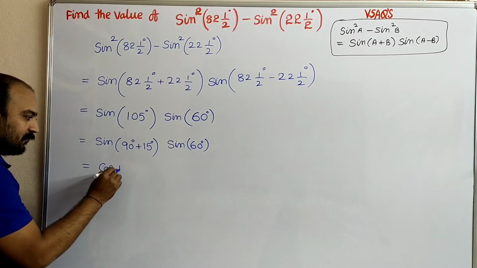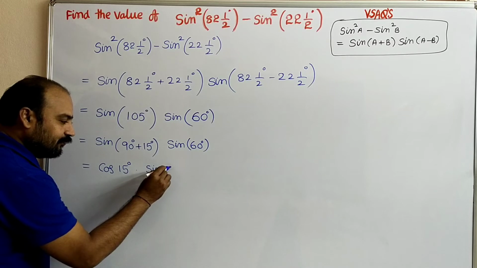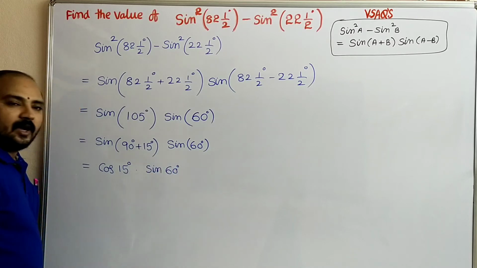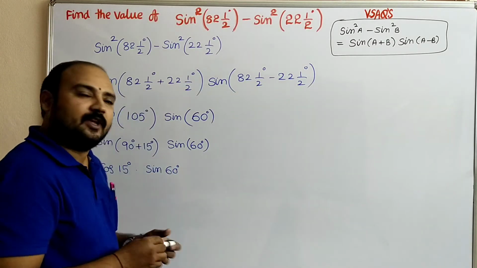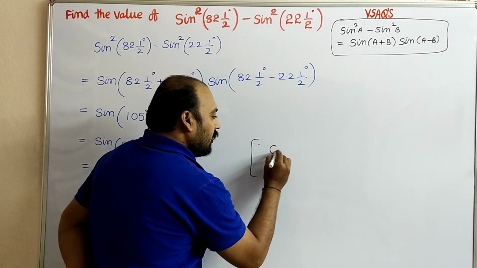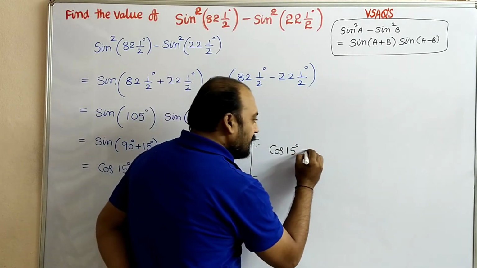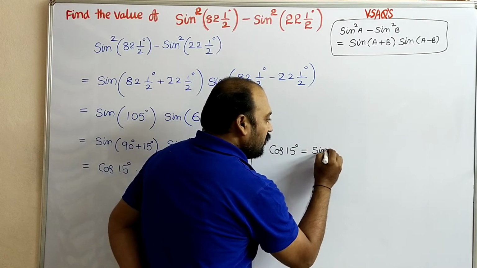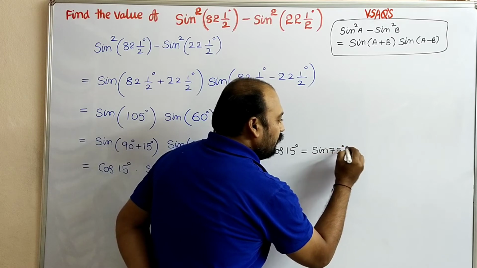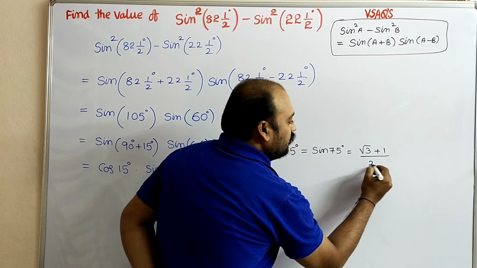Therefore, cos of 15 into sine 60. And here, a very important thing you have to know: cos 15 value and sine 75 value both are equal to root 3 plus 1 divided by 2 root 2.